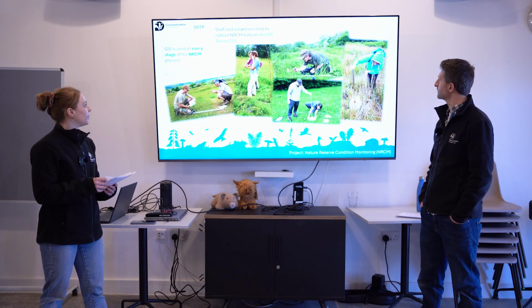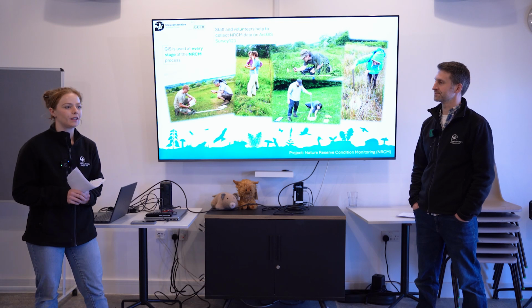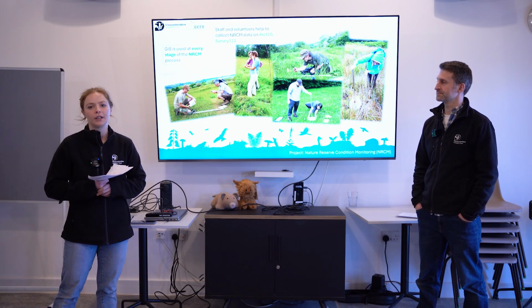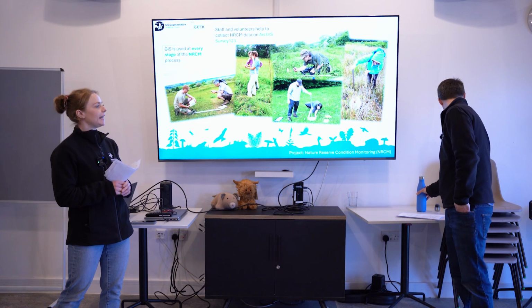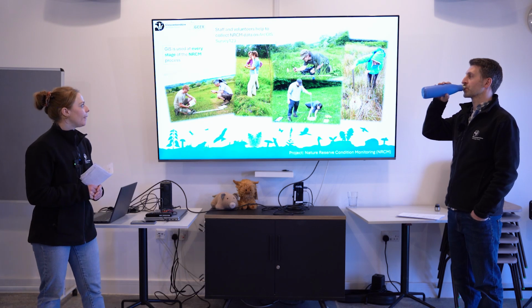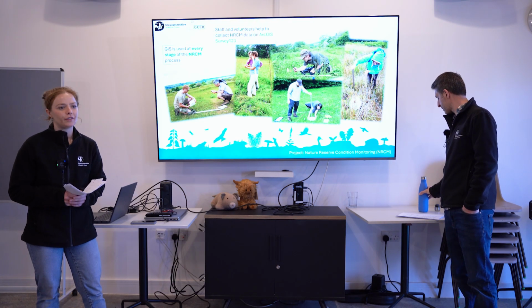So one of the probably best examples of how we use GIS in Gloucestershire Wildlife Trust is as part of our Nature Reserve Condition Monitoring, or NRCM project. So this is a project that's led by Ellen Winter, who some of you might have met or worked with before. And GIS is used at every stage of this project.